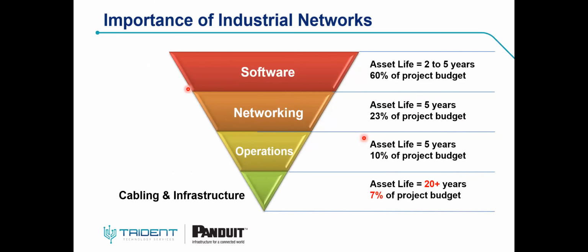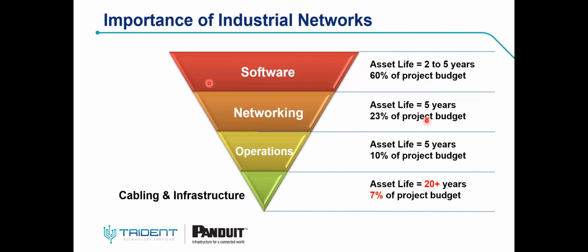Regarding the network cost distribution for the industrial network, in bandwidth, we found that software consumes around 60% of the network project budget, with a short lifetime of 2 to 5 years. The network hardware comes in second place with around 23%, again with a maximum life of 5 years.